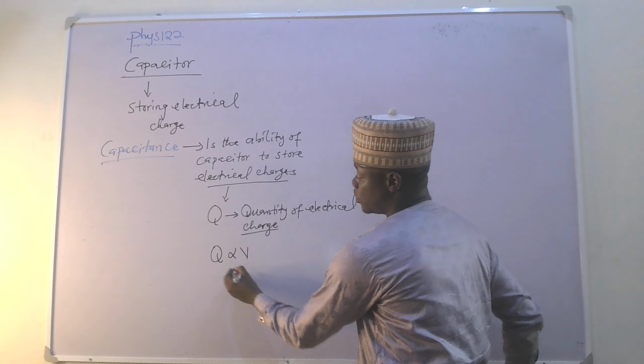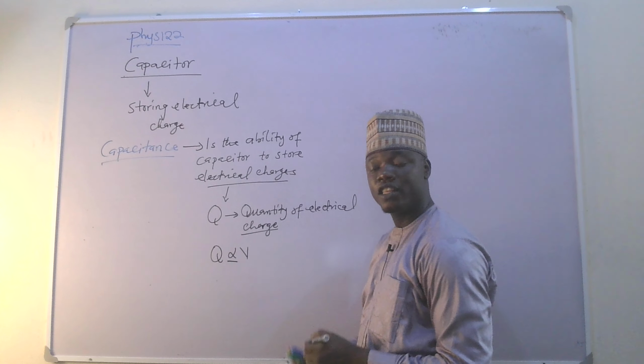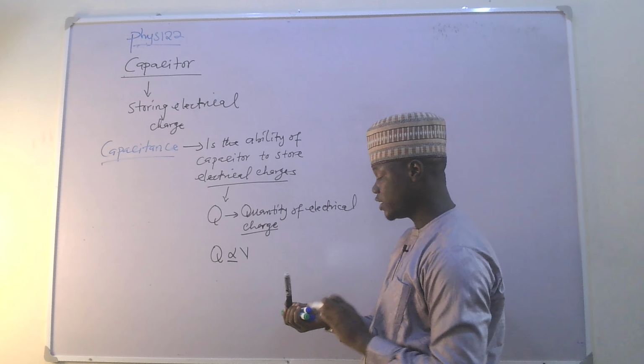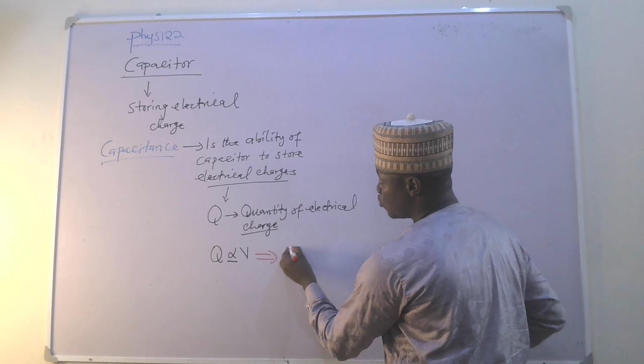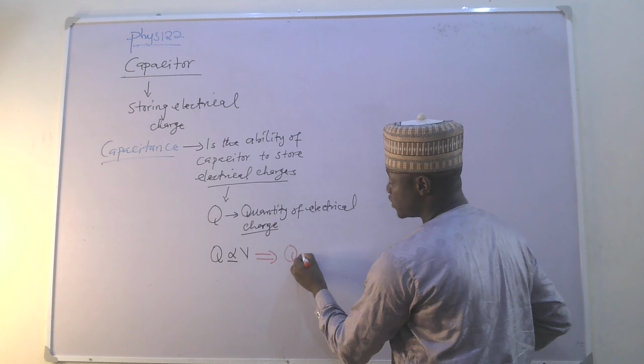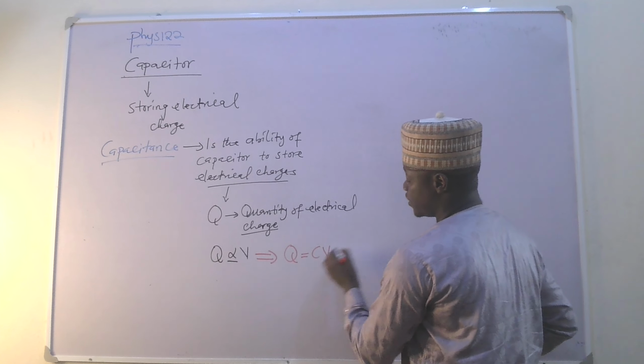Remember, ladies and gentlemen, wherever there is proportionality, we introduce a constant. This implies that we now have Q = CV.